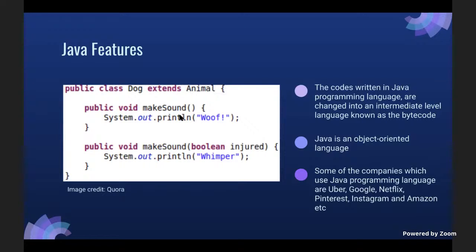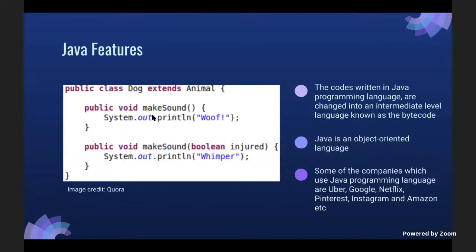It means that this Dog can inherit the properties of the class called Animal. So whatever properties we have in Animal can be used by Dog.